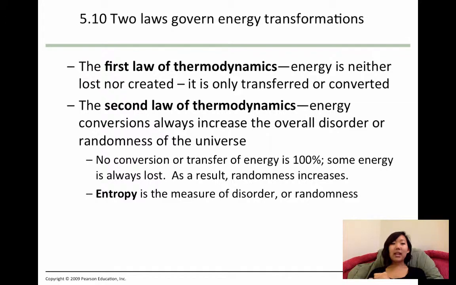What that means is that even though all energy is being converted, it's not 100% efficient. Some of that energy that's converted is lost as heat. So it's still there, but it's in an unusable form of energy. And that heat or randomness, that disorder of the molecules which we can no longer use, is called entropy.